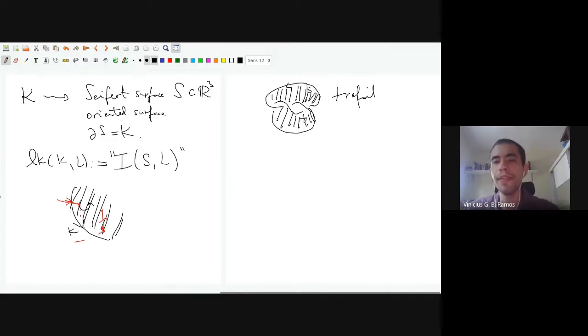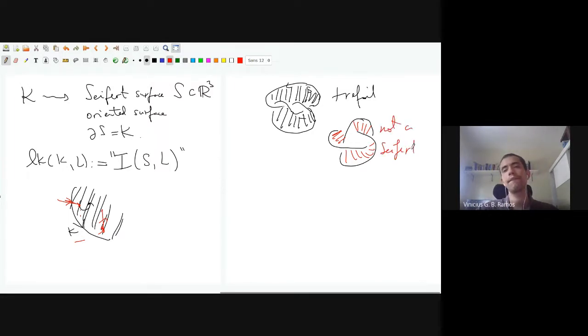So that's such a surface. It's actually slightly subtle, because if you looked at the original picture of the trefoil that I showed you, and you say, let me do something even easier, which is just consider this surface here, this surface is actually a Möbius band. It's non-orientable. So this is not a Seifert surface. But this one is a Seifert surface.